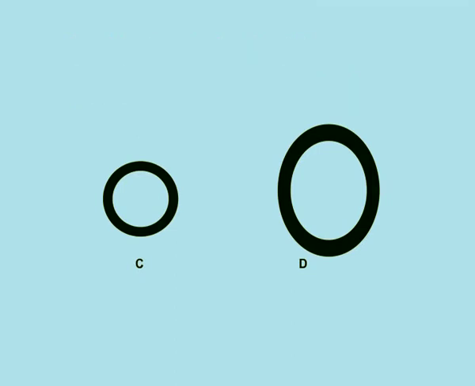Obviously, the surface enclosed by circle D is more than that enclosed by circle C. Thus, the area of circle D is more than that of circle C.